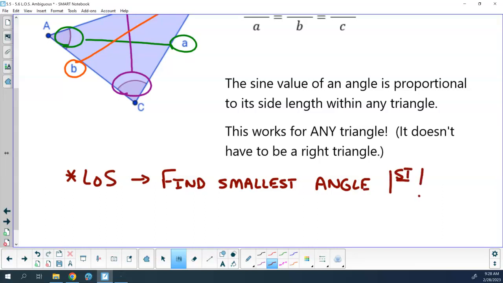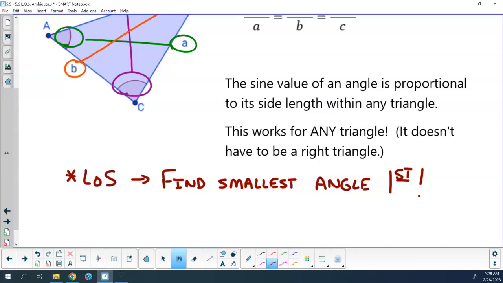Now, you may be asking yourself, how do I know which one is the smallest angle? Does anybody know where the smallest angle lies in a triangle? What do you mean the two shortest sides? It's the angle in between the two shortest sides?